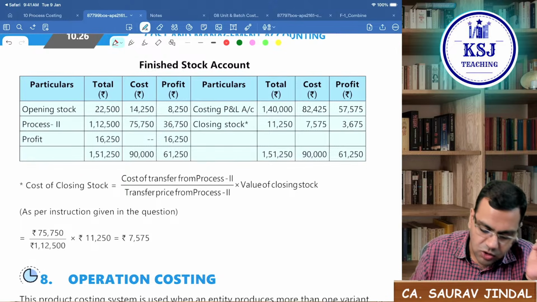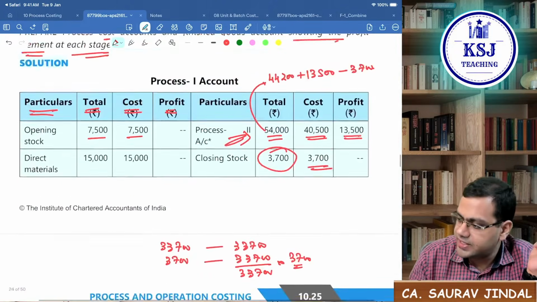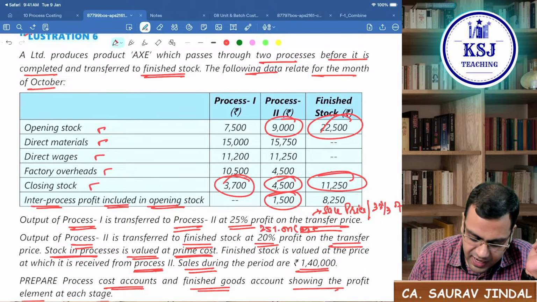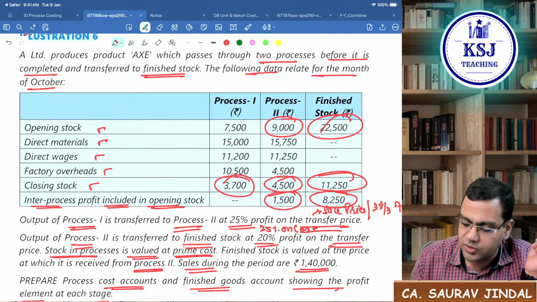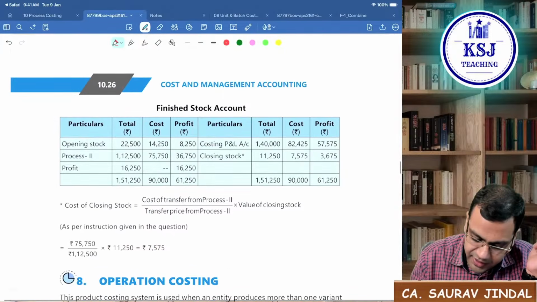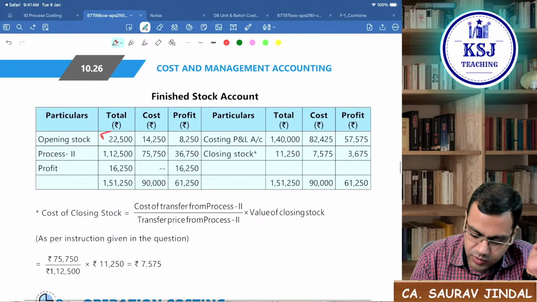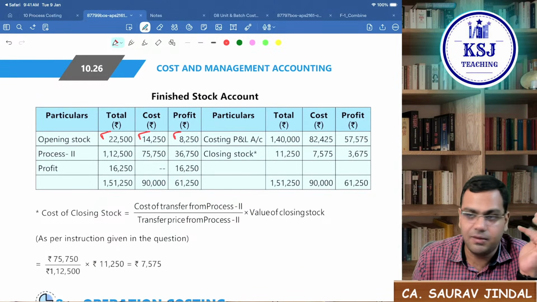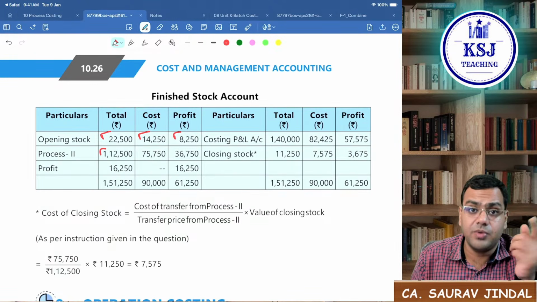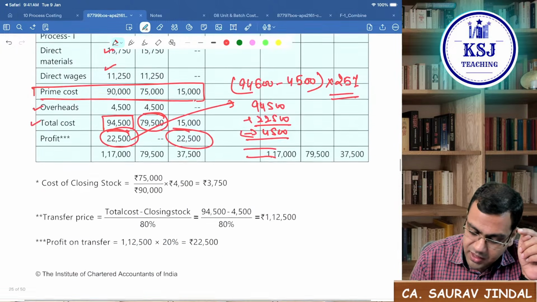Opening stock is given to you in the question itself. Opening stock is given, closing stock is given, and the inter-process profit included in the opening stock is given to you. So the finished stock account they have prepared here. Opening stock: out of that, what is the cost element and what is the profit element given? After that, whatever is being transferred from process 2, that is this particular value.